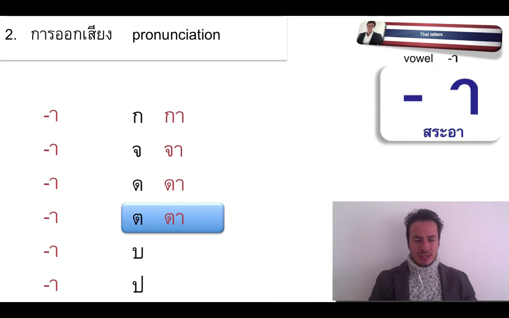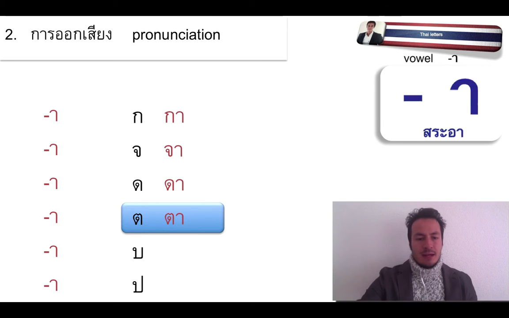The first one is a very soft version. The one on top is softer, da, and the one below it is harder, da. So the difference between da and da.